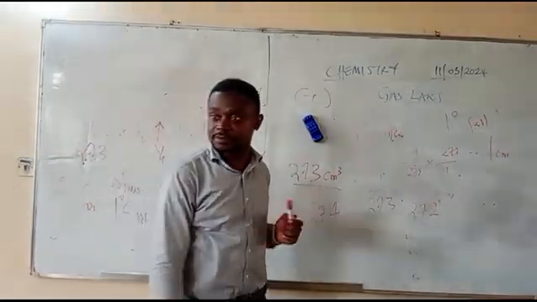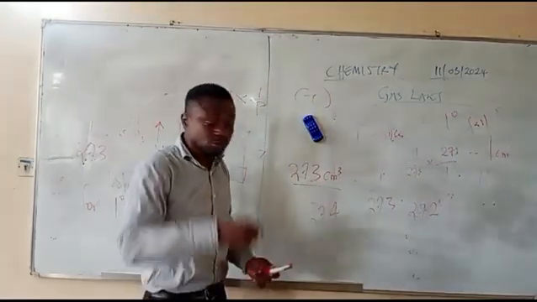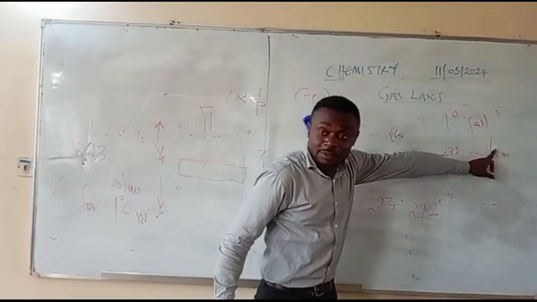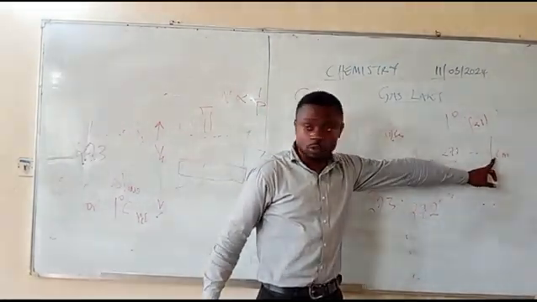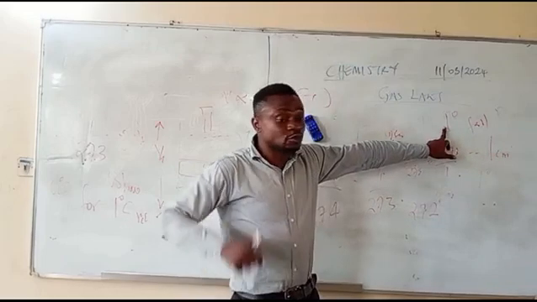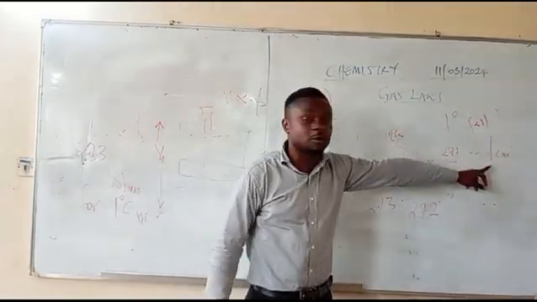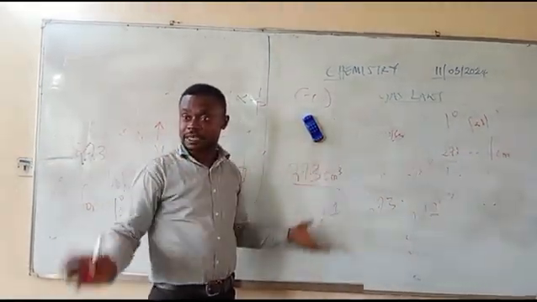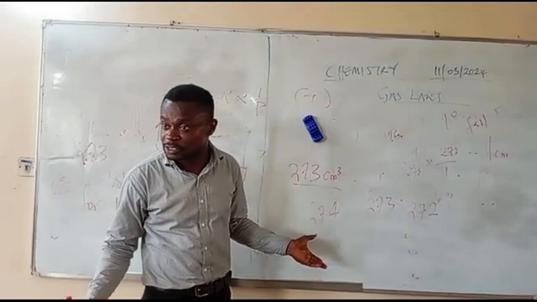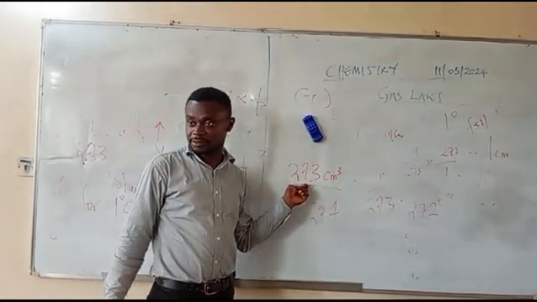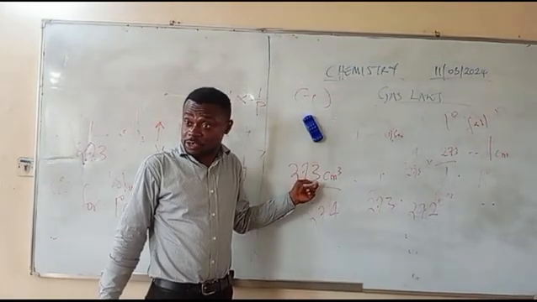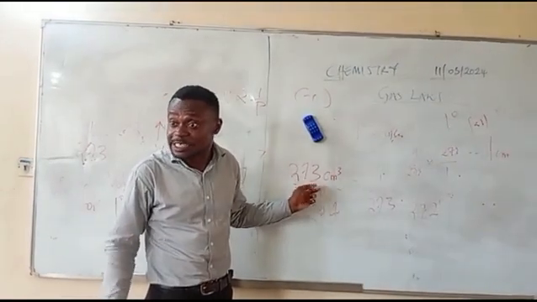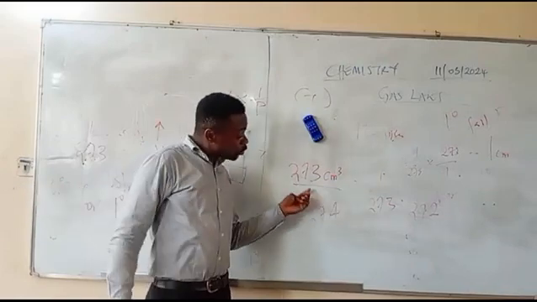Since 1 degree falls by 1 cm cube, a 273 degree fall means the volume falls by 273 cm cube. That means the volume of the gas will disappear. The gas will have no volume again. But in reality, this cannot happen practically. Theoretically, the volume will become 0, but it's not possible.